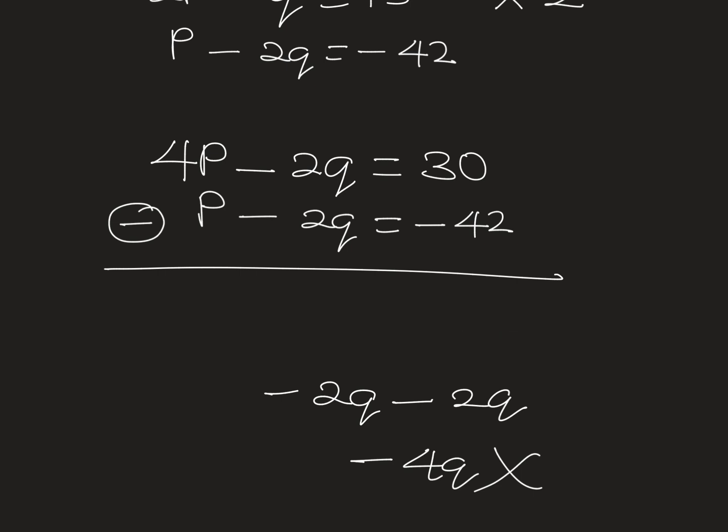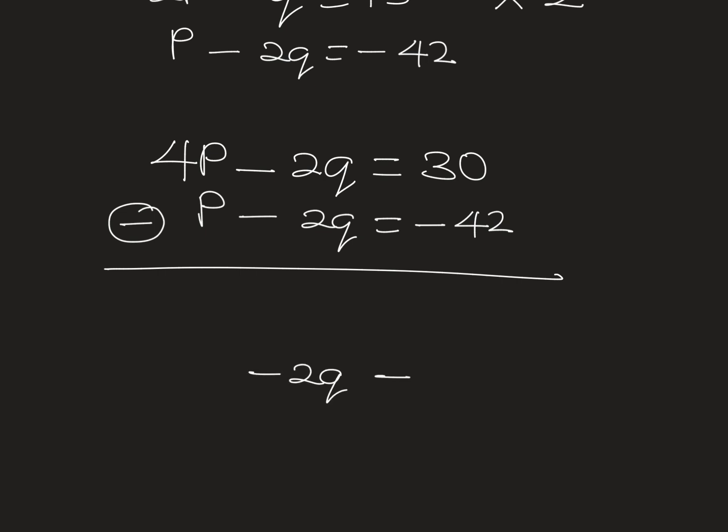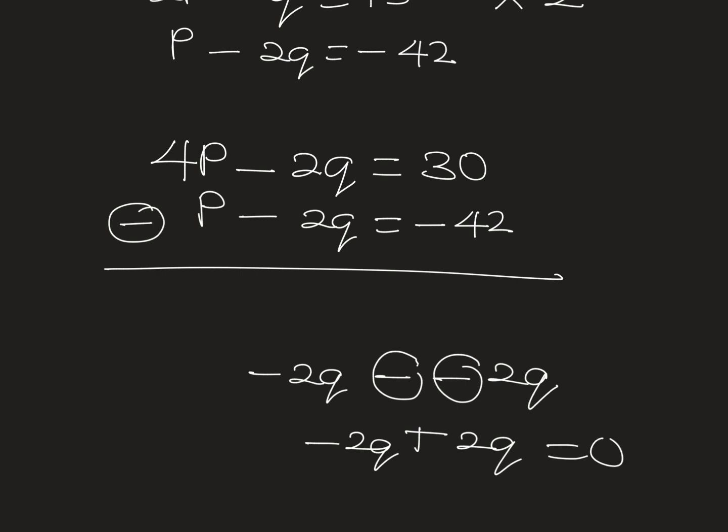That is why we only have to use negative here, such that minus minus will be positive, so that will be minus 2q plus 2q, and that will be 0. So that is the correct sign notation you are supposed to use.